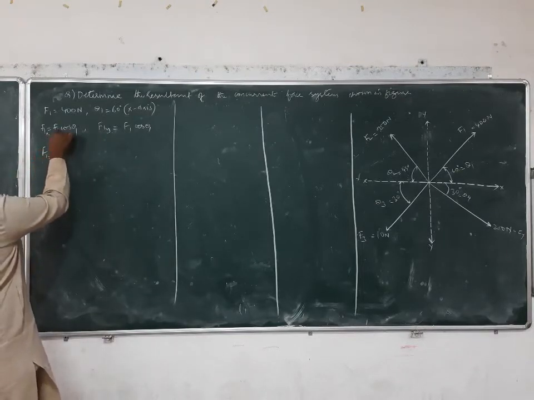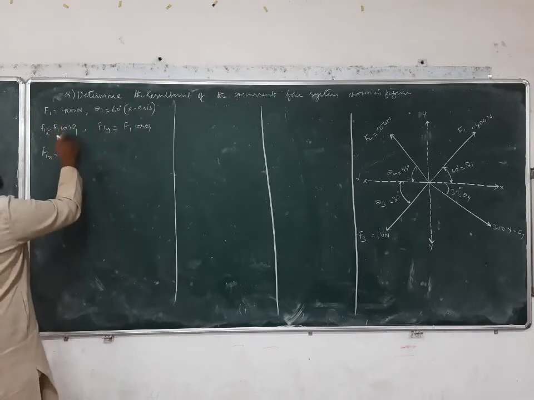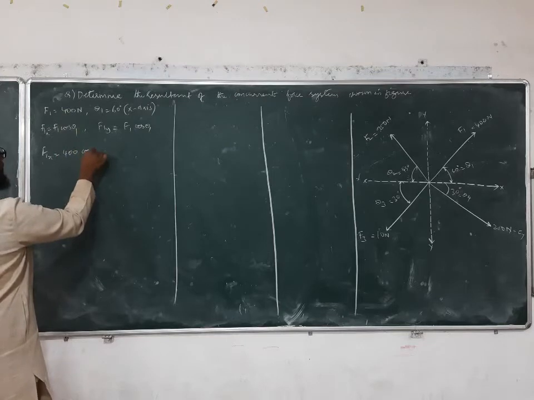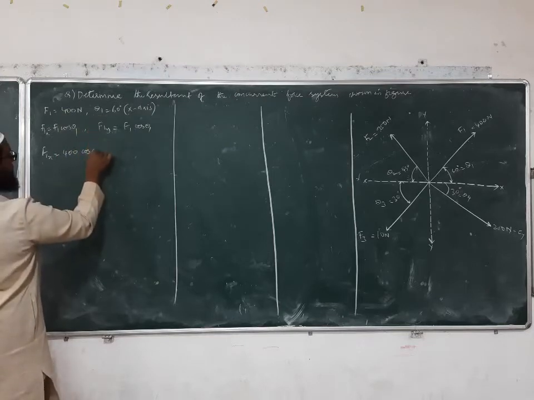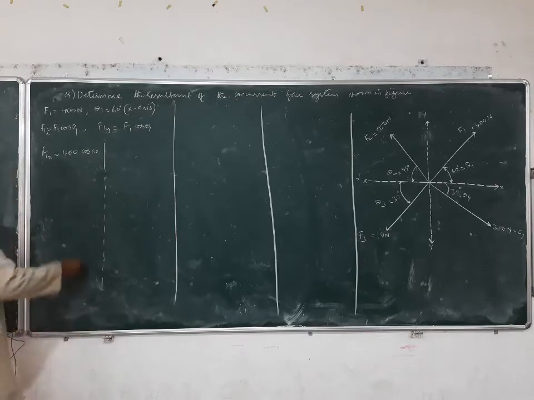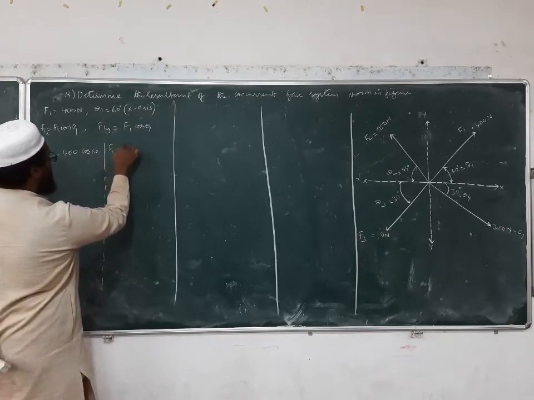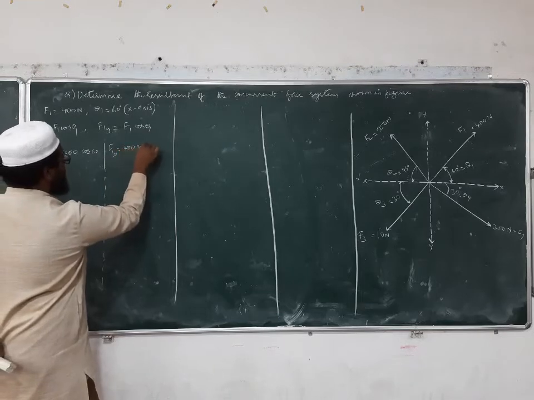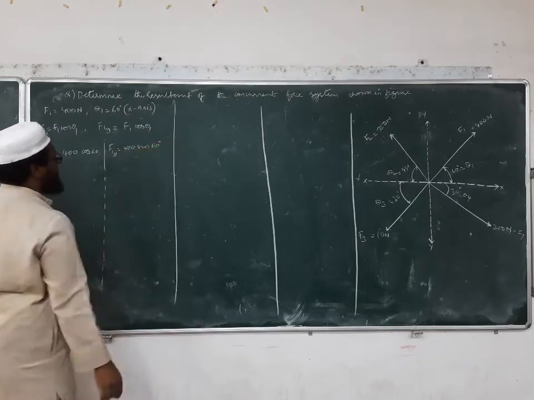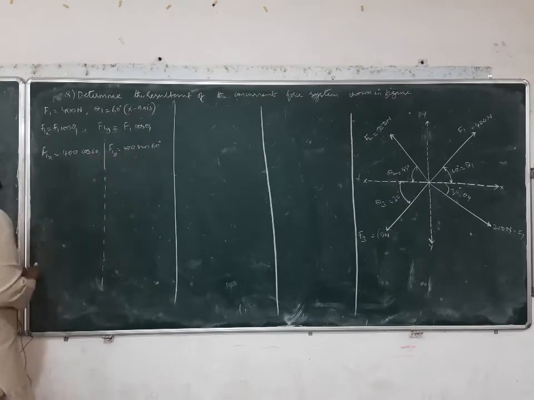So F1x is equal to 400 cos 60 degrees, and F1y is equal to 400 sin 60 degrees, because the angle is with the x axis.